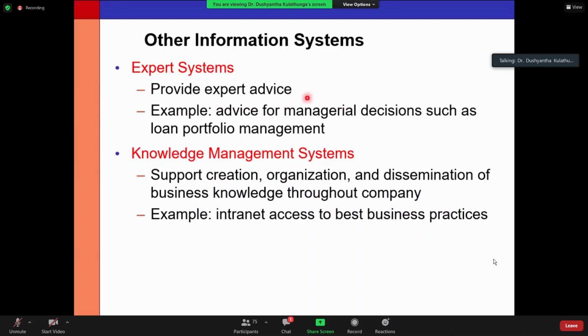The managers may have to decide on an optimal loan portfolio that they should maintain within the organization. To arrive at the decision, some expert advice may be required, which may be produced by an expert system. So it can be loan management or it can be a portfolio of investment.